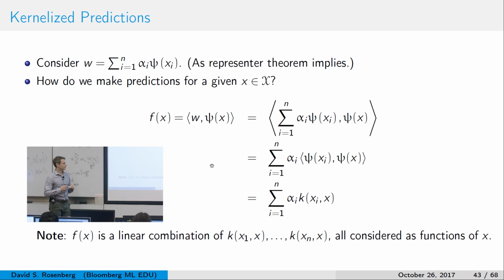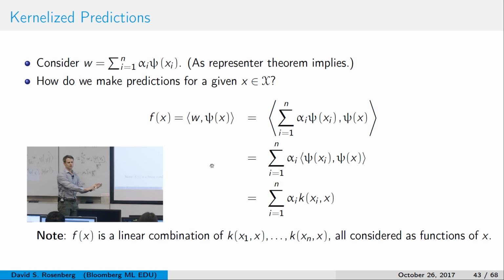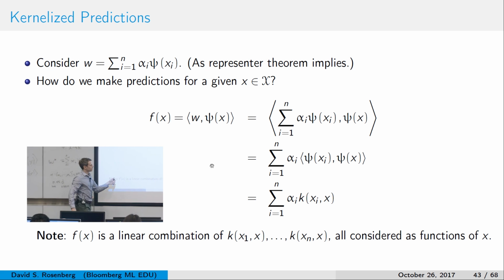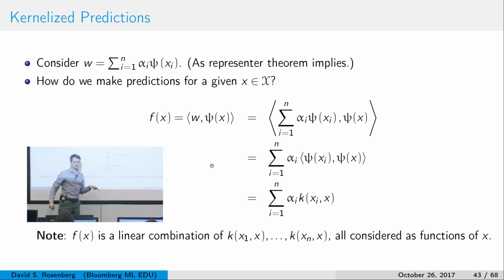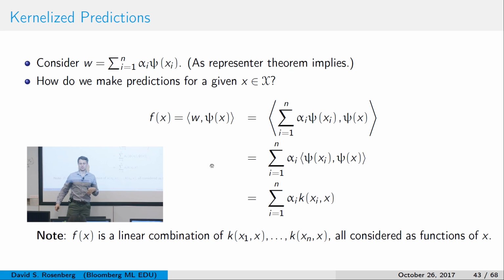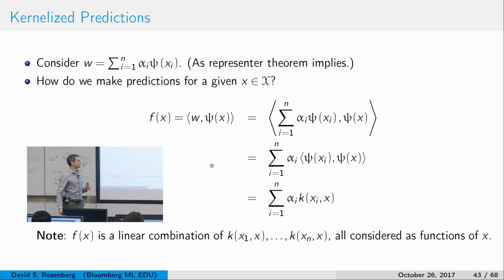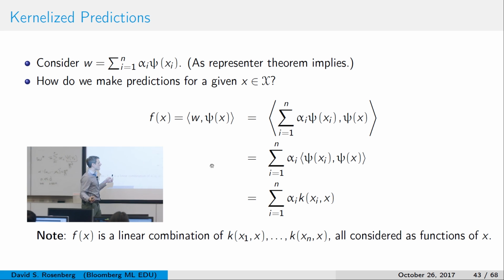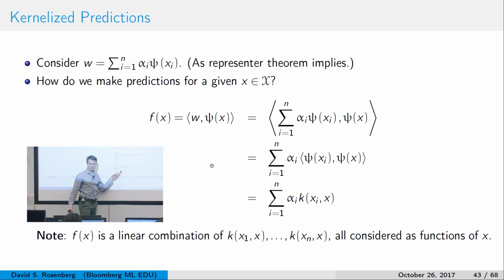If the ith example is on the good side of the margin, so the margin is strictly greater than 1, then the corresponding support vector coefficient is 0. So any example that's very easily classified by your prediction function will not show up in this sum, because it will have a coefficient of 0.